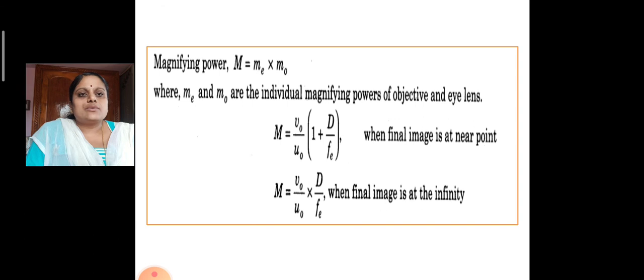Magnifying power M equals VO by UO into 1 plus D by FE when the final image is at the near point, and M equals VO by UO into D by FE when the image is at infinity.